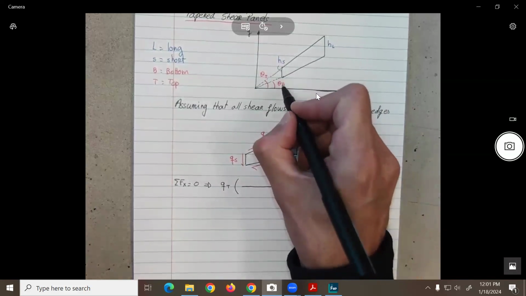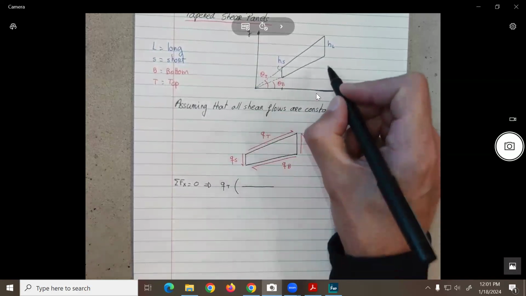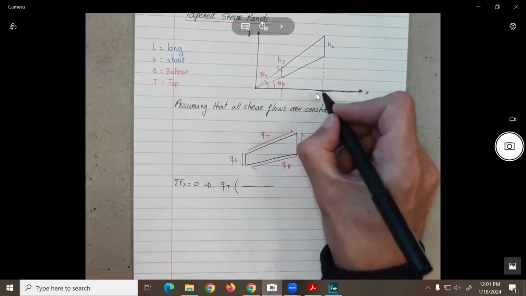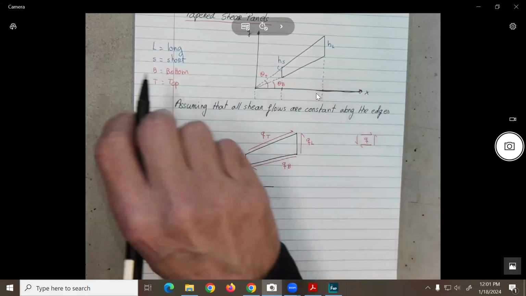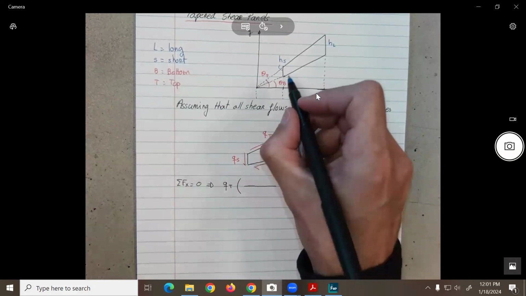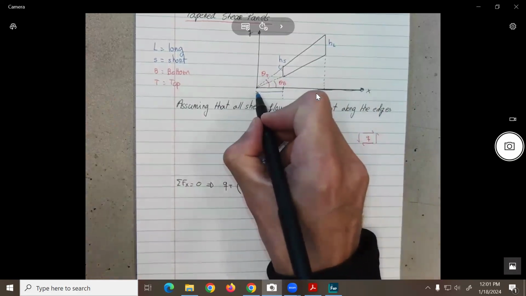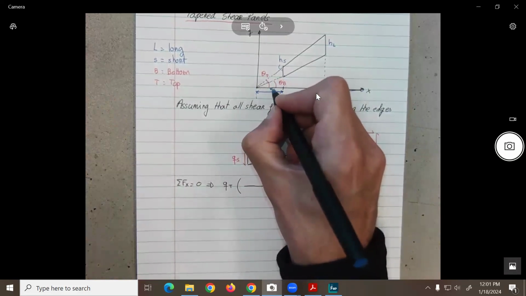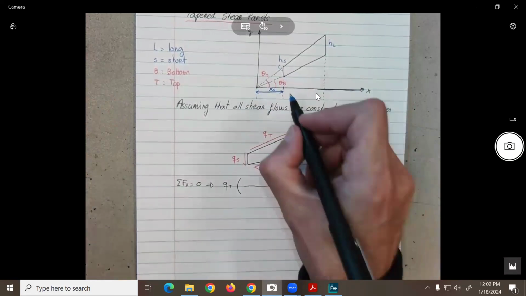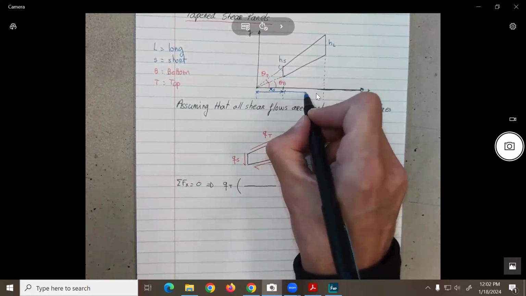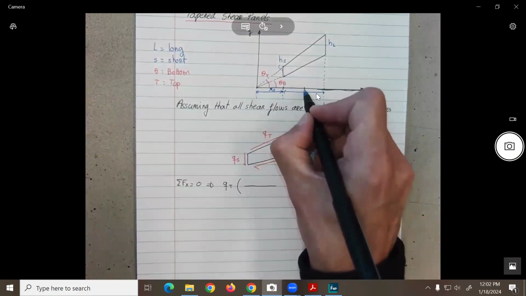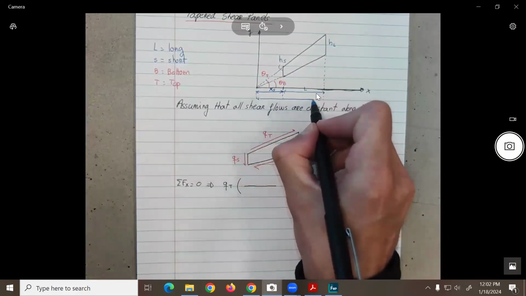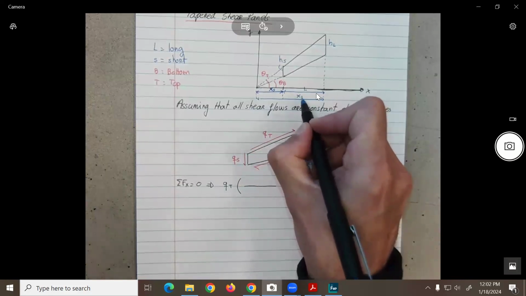So on this top figure, this is x of s. This is the length of the panel, and all this stuff then will be x of l.